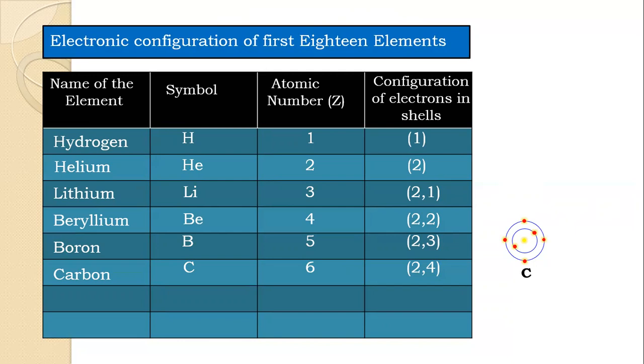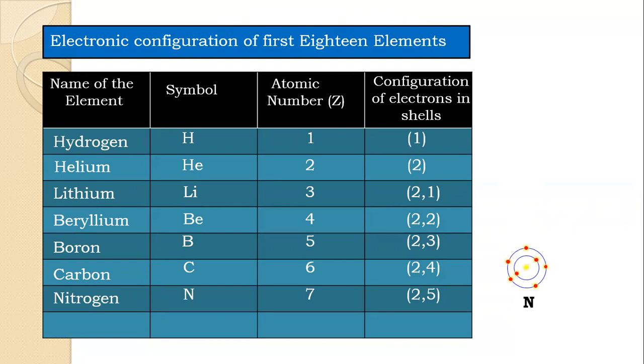So carbon shares 4 electrons to complete octet. So carbon will neither give nor will it take. Instead, it will share.